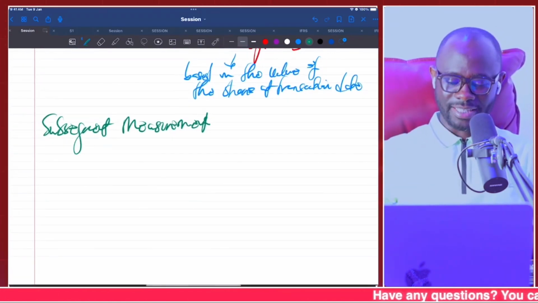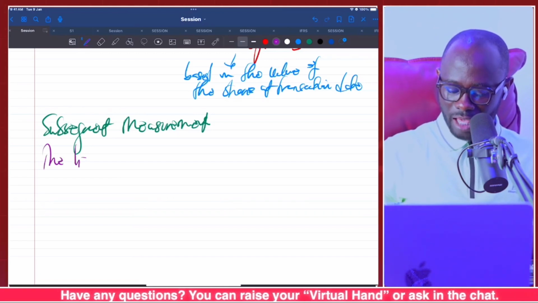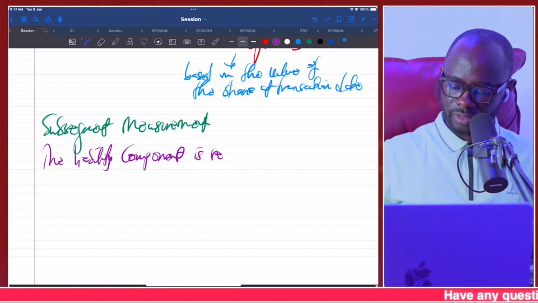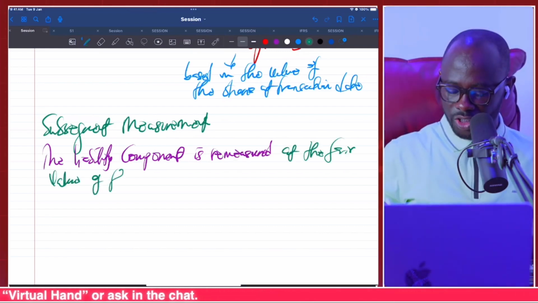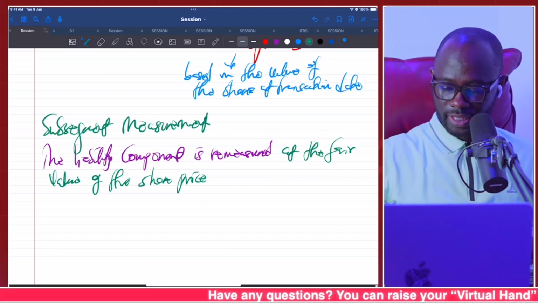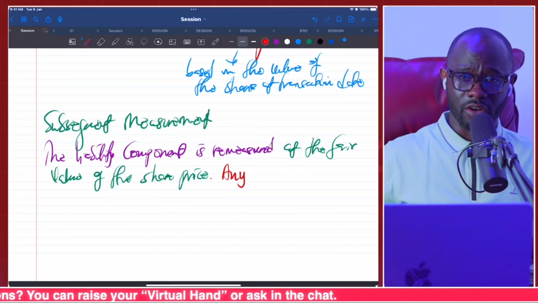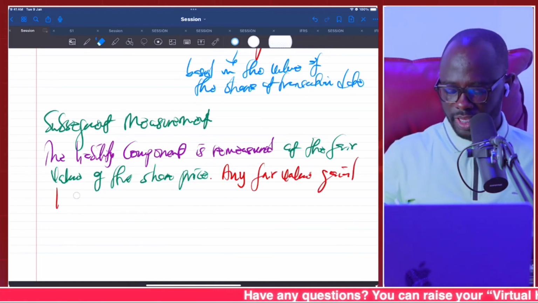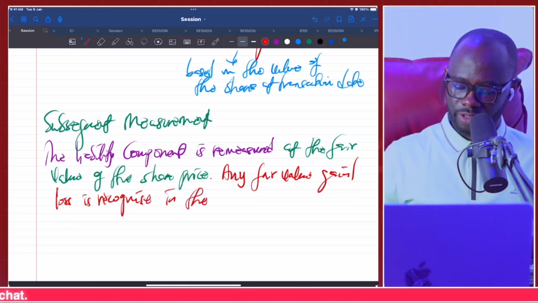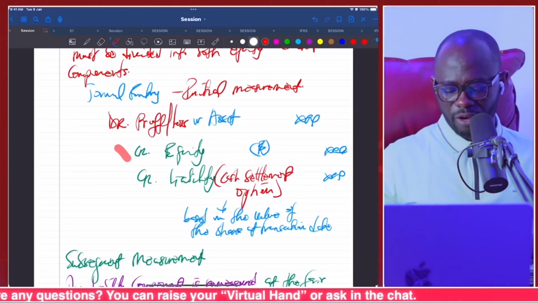So subsequently, the liability component is remeasured at the fair value of the share price. Any fair value gain or loss is recognized in profit or loss. We are done. So what happens to the equity component?